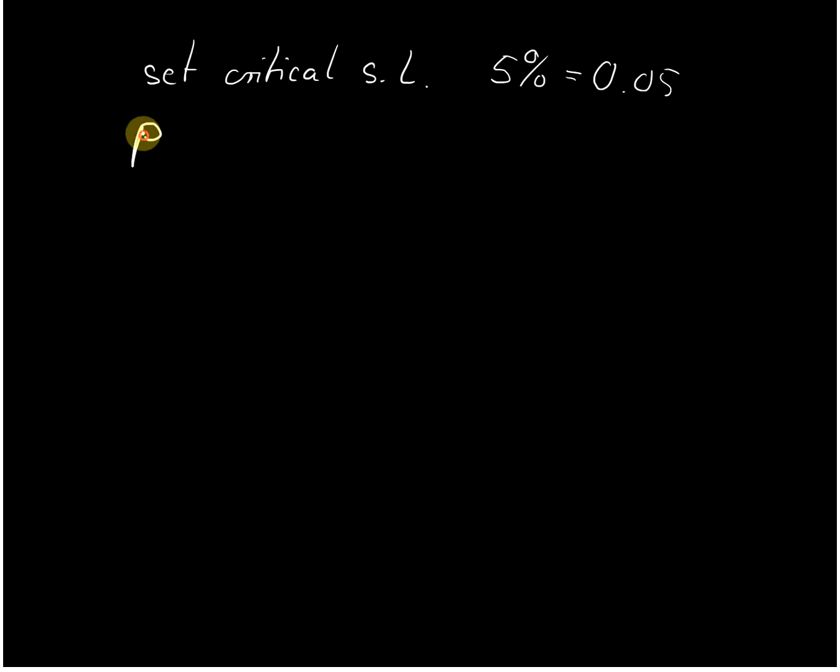We calculate the p-value, the probability, and then we compare the p-value with the critical significance level.